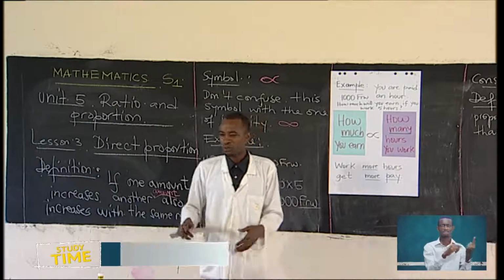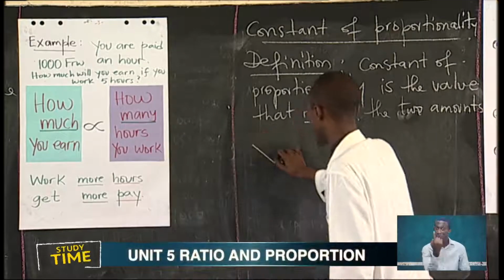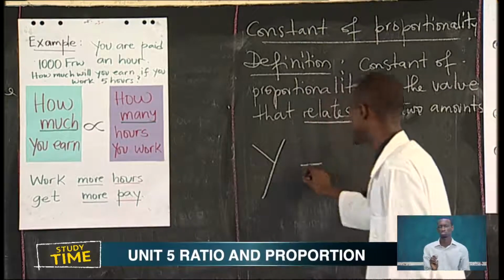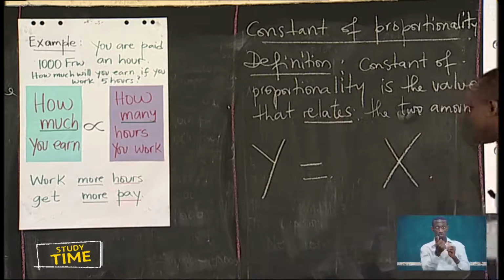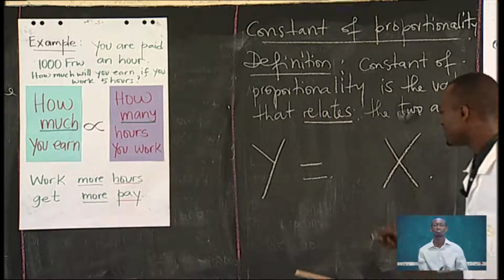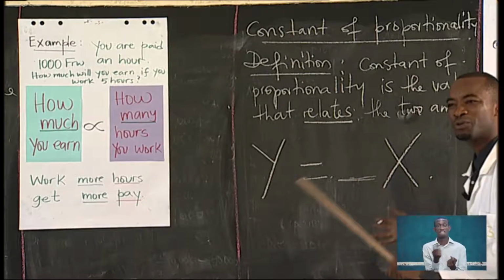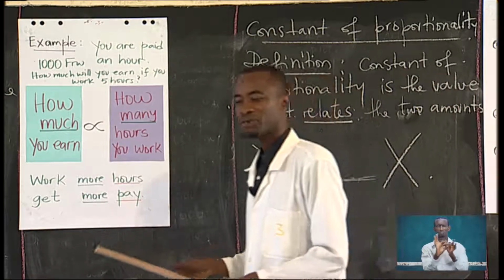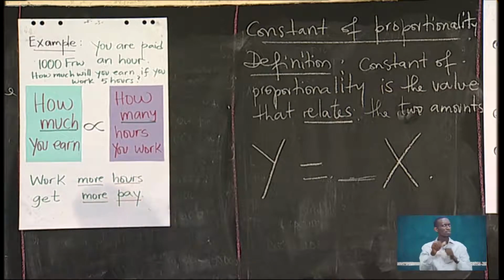Let's assume, as usual in mathematics, one amount is y, and another amount is, for example, x. However, there is a need of knowing the value that can bring together these two variables. Because as you remember, we talked about a rate. If one amount increases, another amount will increase at the same rate.